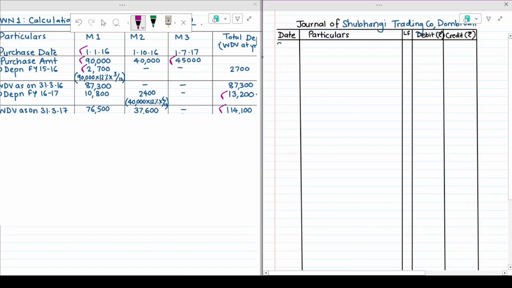On 2017 July 1, the entry will be for buying the machinery, machinery account debit 45,000 to bank account, cash or bank account. We generally take bank account because big amounts we don't pay in cash generally, being machinery purchased.